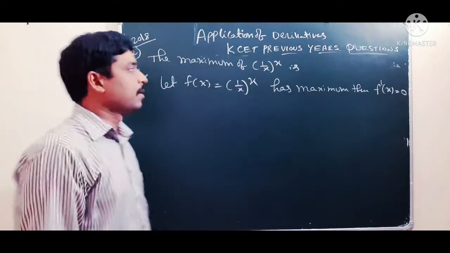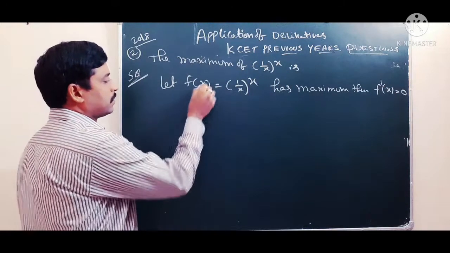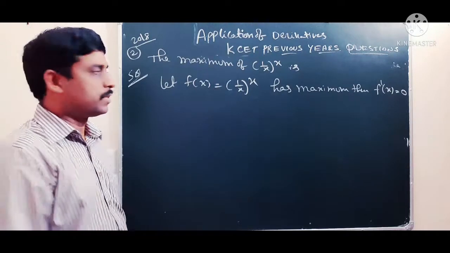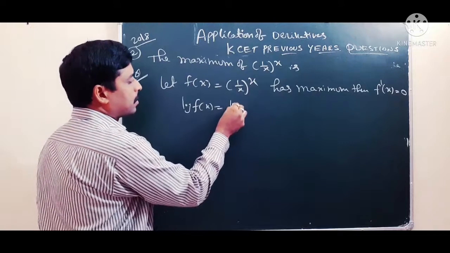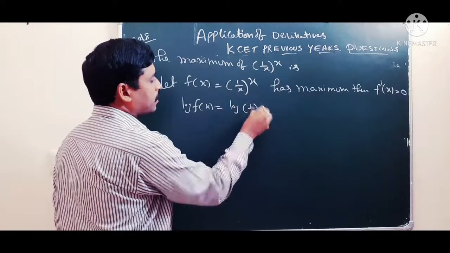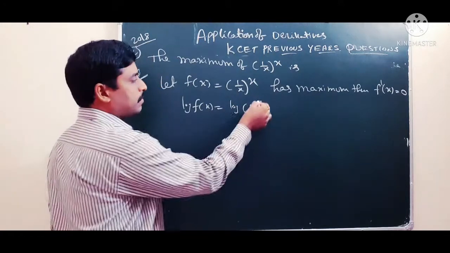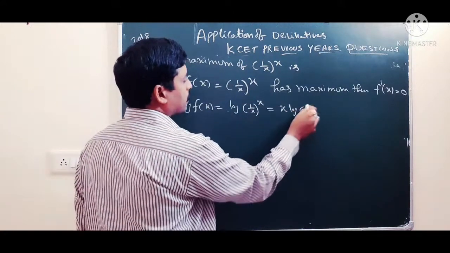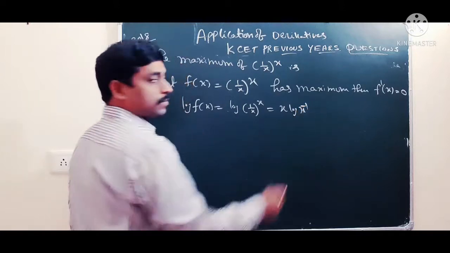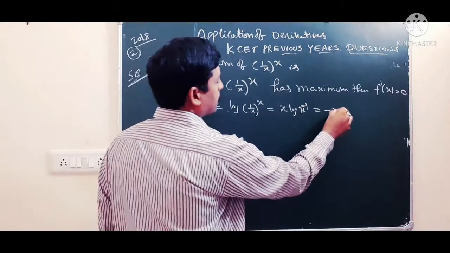Now taking logarithm on both sides, log f of x is equal to log of 1 by x power x. This is nothing but x log 1 by x, and 1 by x is x inverse, so this is also minus x log x.